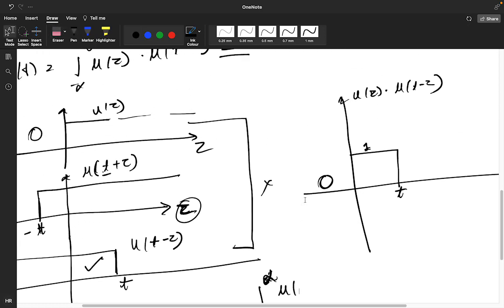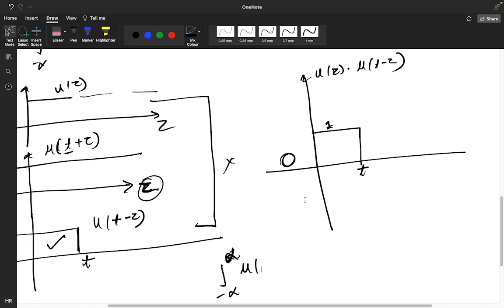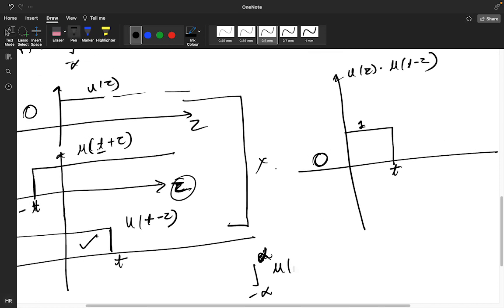So how can you write this function, this equation? U of tau for the plus 1, then the negative 1 is there, so minus u of tau minus t.